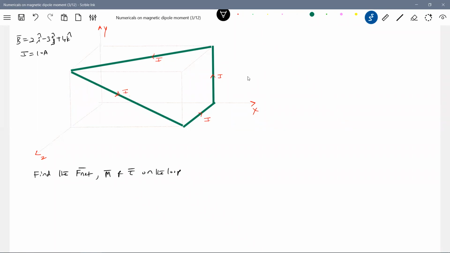You look at the different parts of the loop. Different parts of the loop are lying in different planes. So what has to be done? I should assume equal and opposite current elements. So let's bring the current element here.